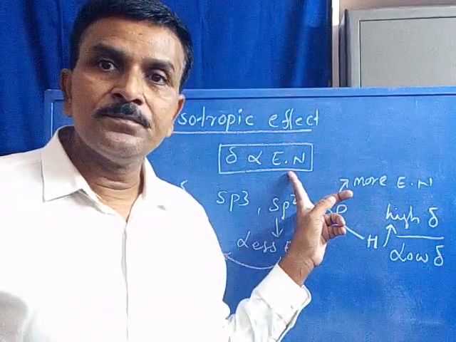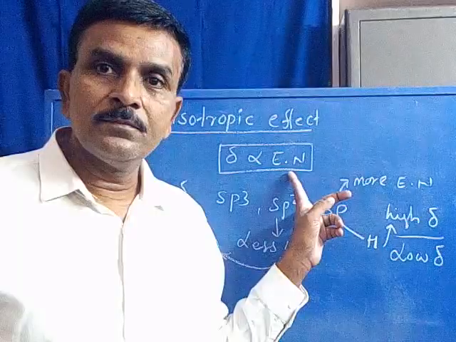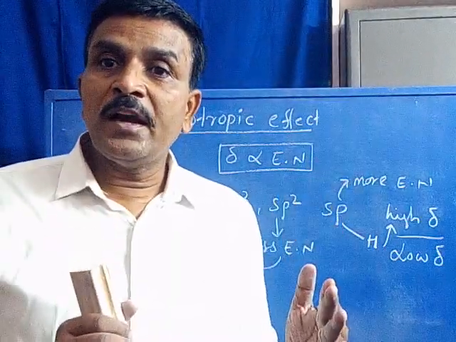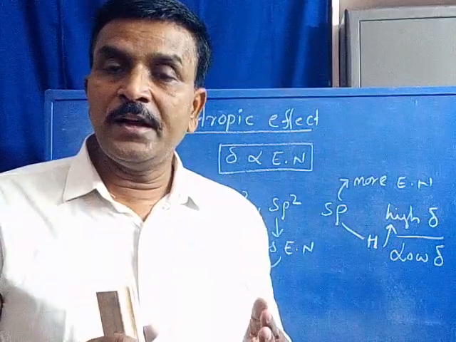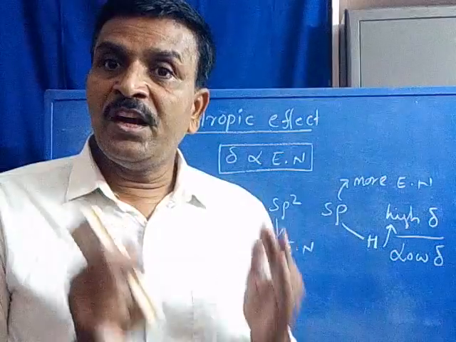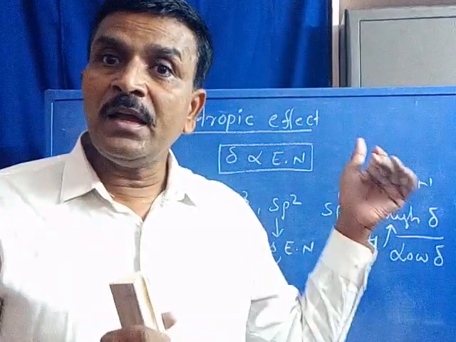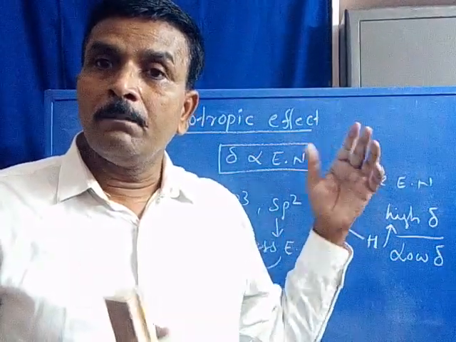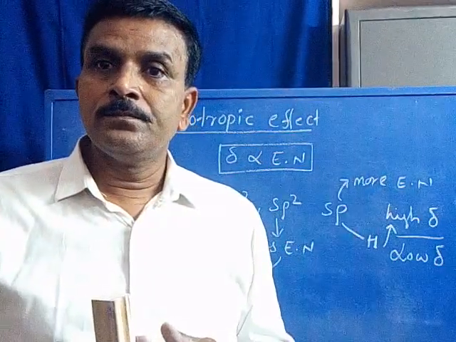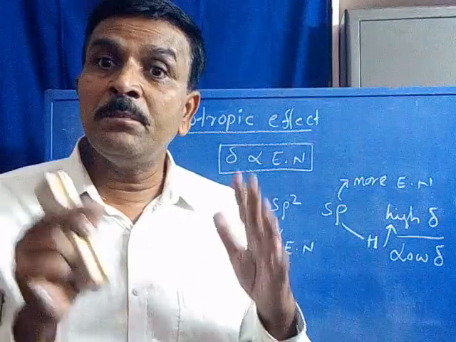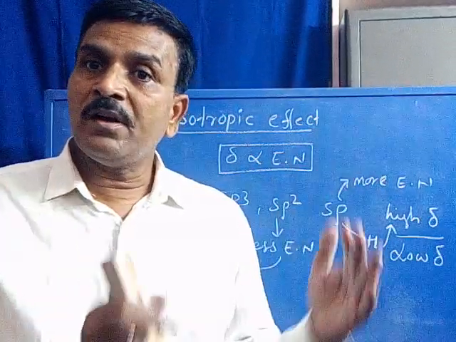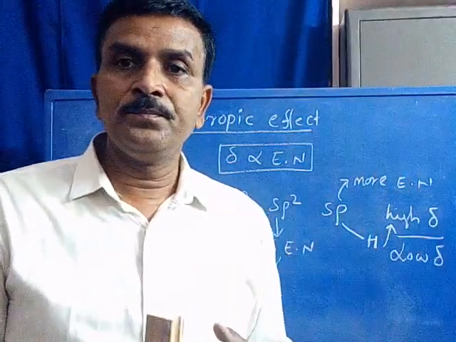Is it clear? That is, the delta values of protons of unsaturated hydrocarbons and aromatic hydrocarbons are not affected by electronegativity, but are affected by their orientations. In brief, the electronegativity effect is important for saturated hydrocarbons.